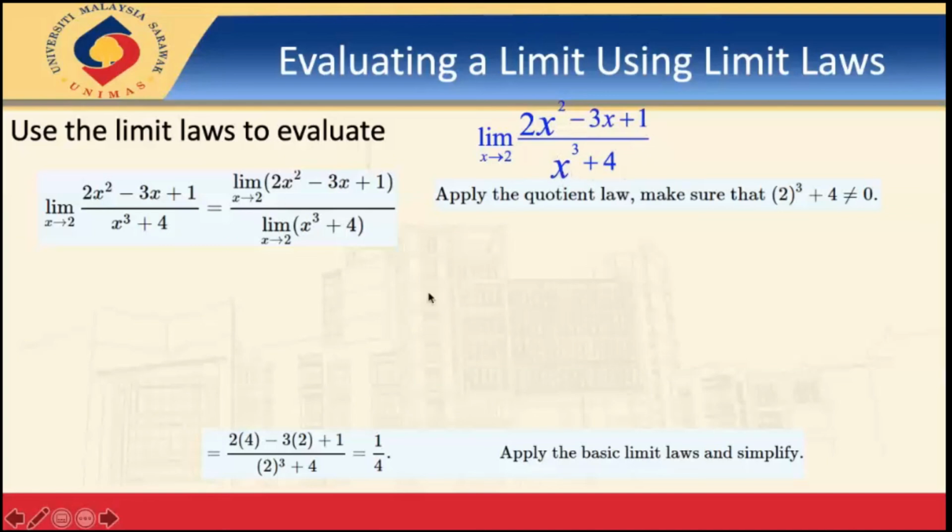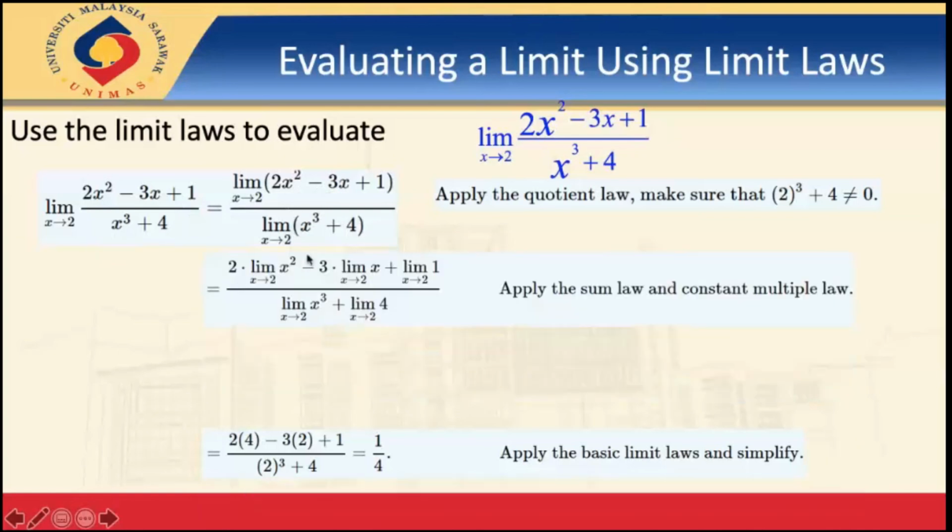So in this way we can calculate all these values, like 2x squared minus 3x plus 1, divided by x squared plus 3. This will be equal to the limit of the numerator and limit of the denominator if we apply the quotient law.